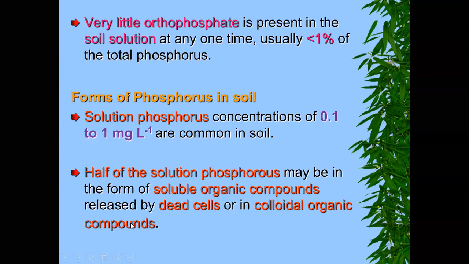So half of the solution phosphorus comes from soluble organic compounds. And from where do those soluble organic compounds come? Those come from dead cells or colloidal organic compounds.